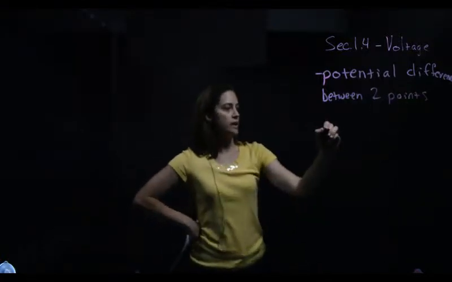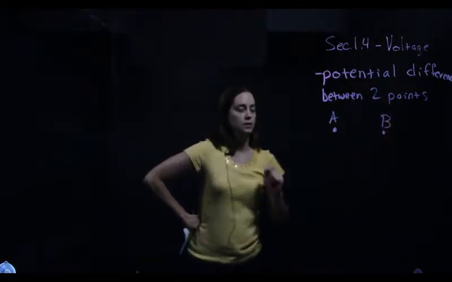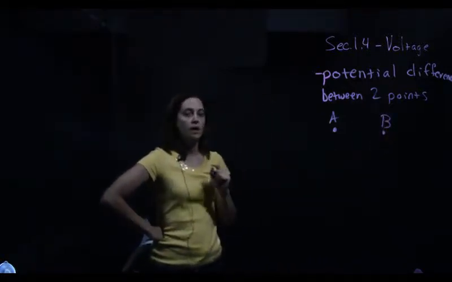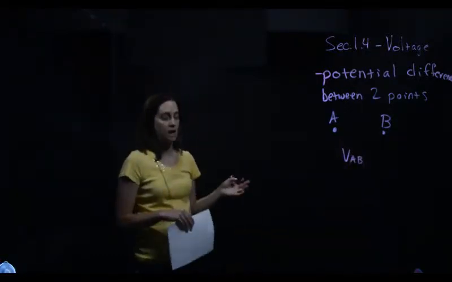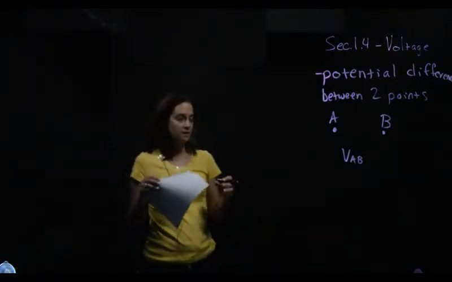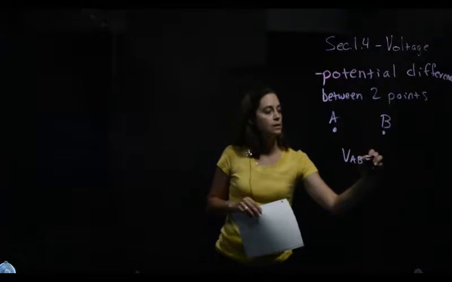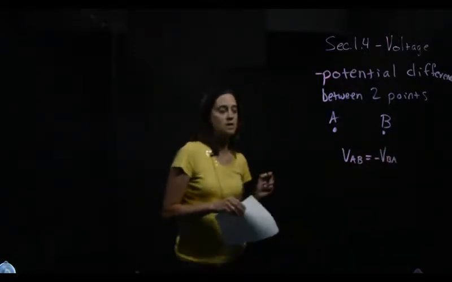So if I have a point A and a point B, and I want to know what the potential difference between those are, that will give me VAB. So the voltage between A and B. And if I want to look at the voltage from B to A, it's going to be the same value, except negative. So minus V B to A.